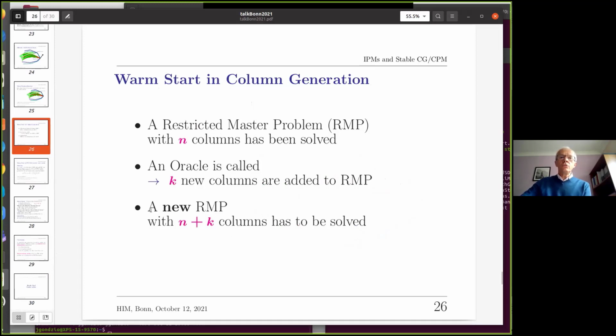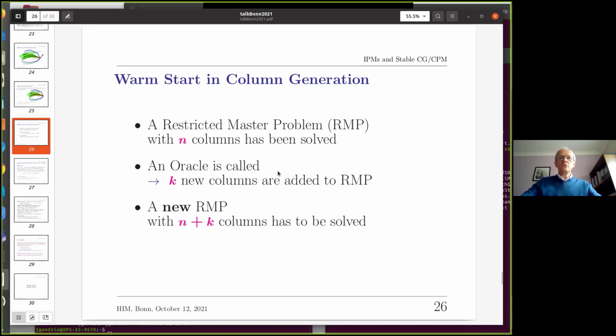Now we deal with the new RMP, which instead of n has n plus k columns. The expectation is that all these newly added columns, why have they been added? They have been added because they have negative reduced costs. So they each promise certain improvement of the objective.